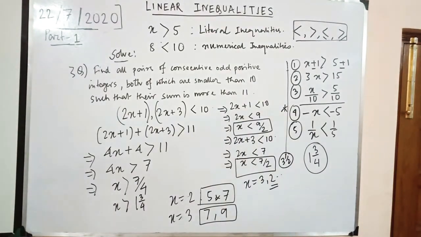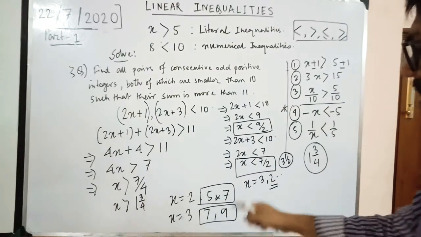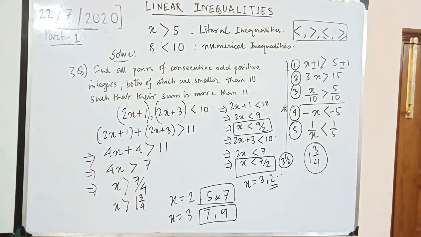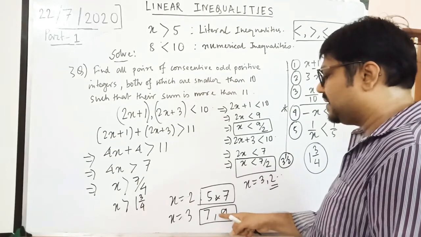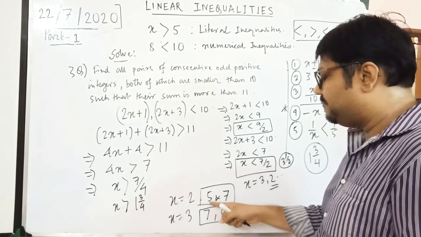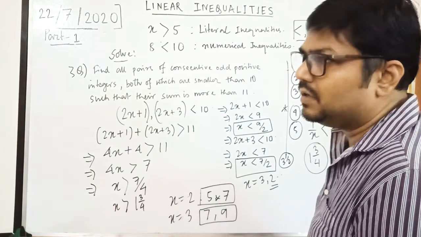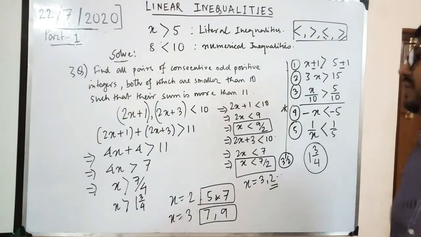So 7 and 9 are also consecutive odd integers, addition of which will be more than 11, but individually they are lesser than 10. So 5, 7 or 7, 9 are the pair of consecutive odd positive integers we get.